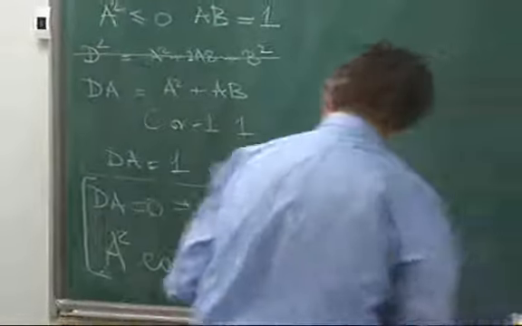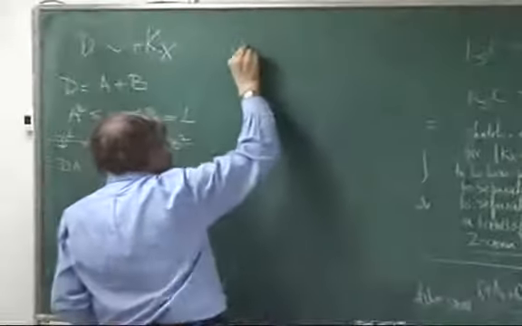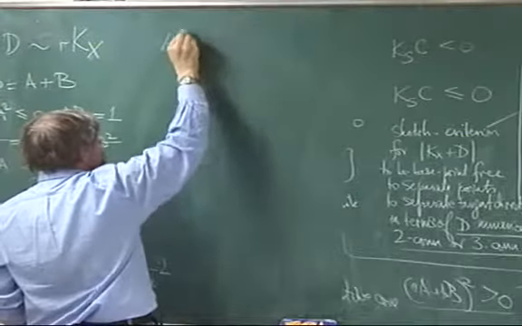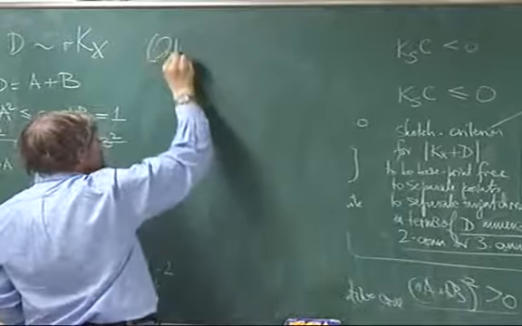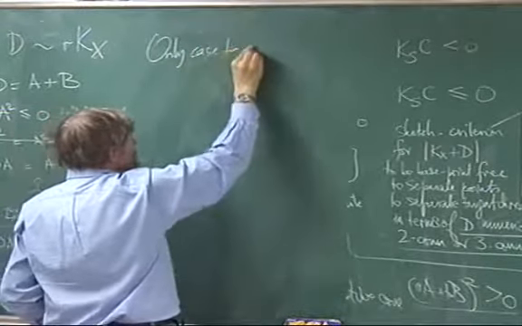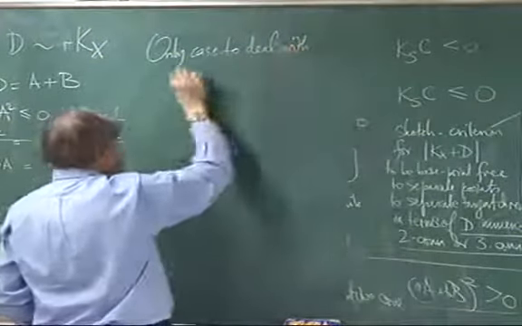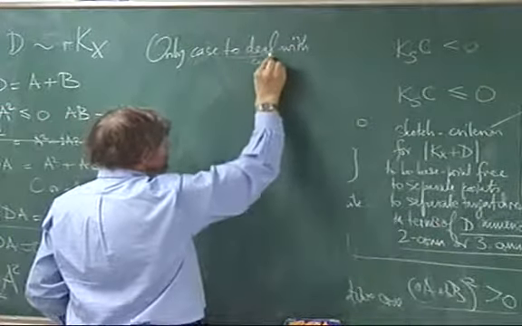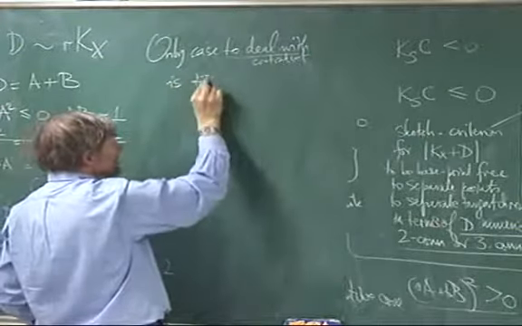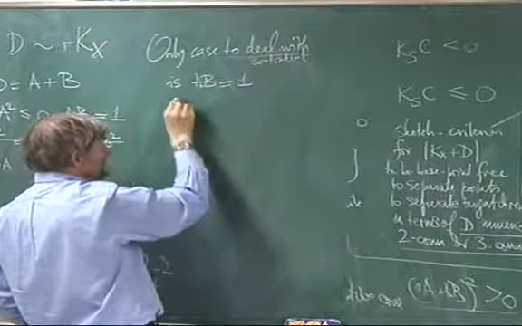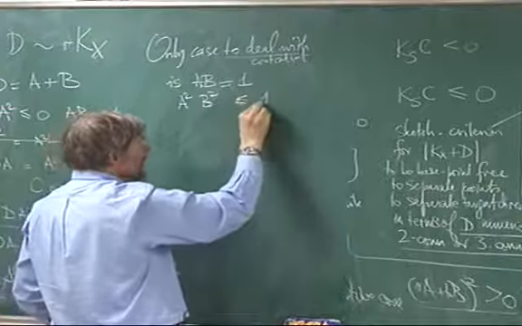Okay, so let me try to say this. We have this thing that a squared b squared is at most AB squared. The only case to deal with, to get a contradiction from, is AB equals 1. If AB is 1, then a squared b squared is less than or equal to 1.